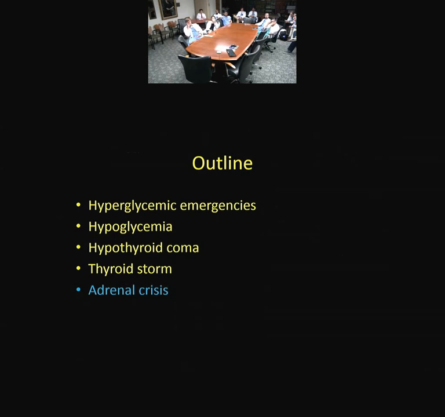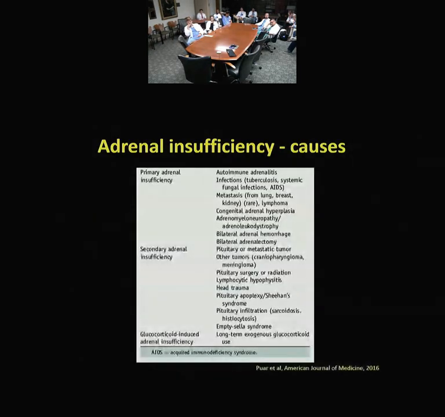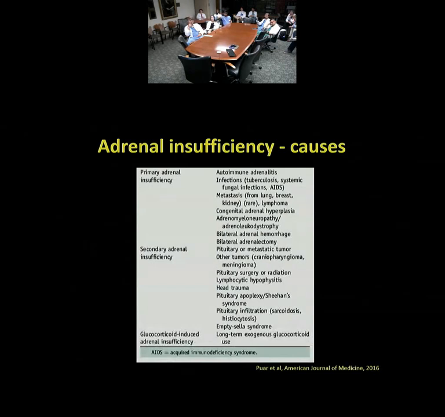The last thing that you for sure see is adrenal crisis. So you will see a lot of adrenal insufficiency in your residency. You'll see primary adrenal insufficiency. You'll see autoimmune, I mean, it's the most common, but you may see in the infectious disease team people with AIDS that have systemic fungal infection.